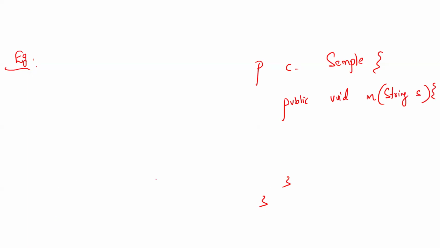Then can we print this s value here? System.out.println, the s variable. Is it allowed or not allowed? This is absolutely allowed. We can print that variable value here.